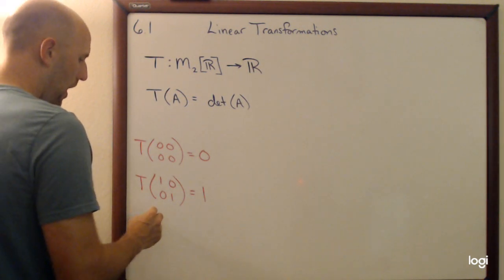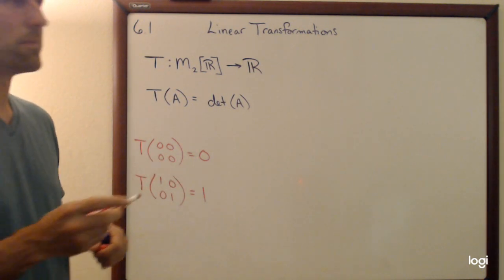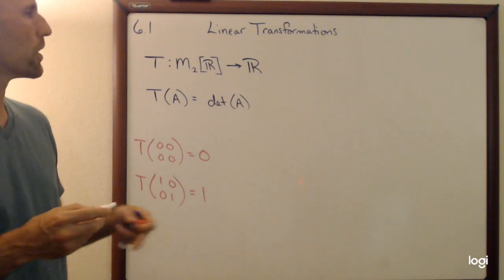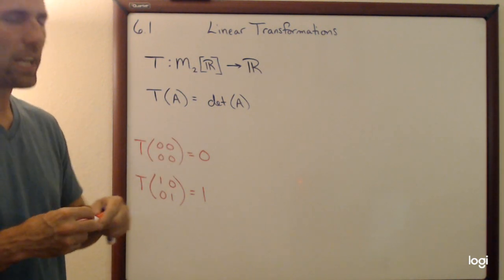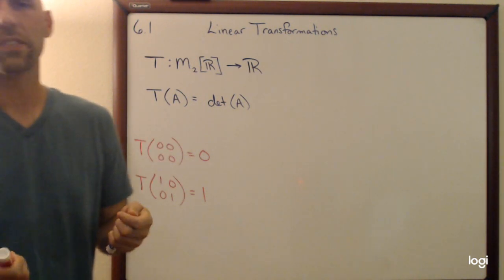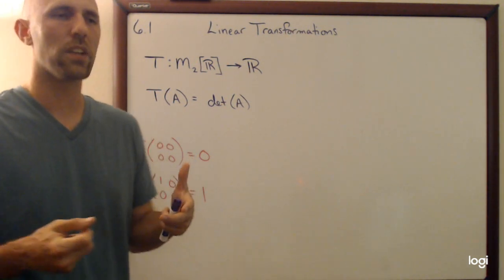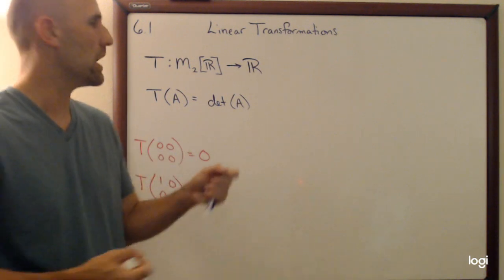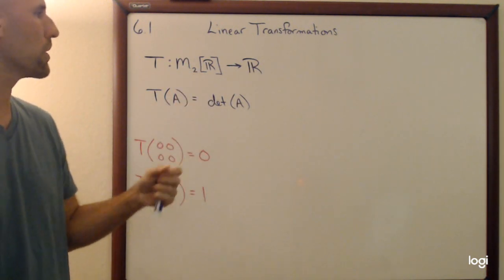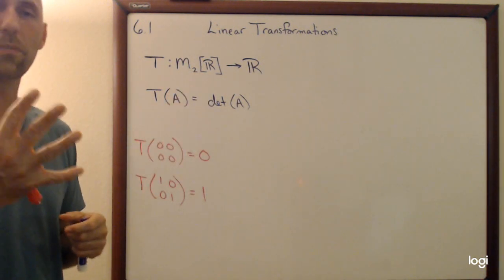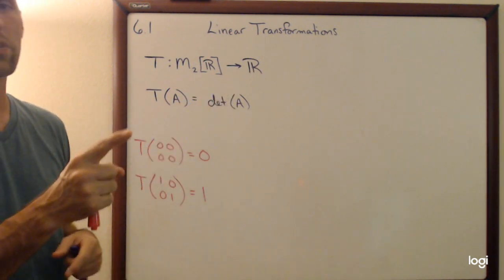Okay? Now, it's important to note that when we're considering these things, we'd like to consider the relative sizes. We tend to classify the size of these spaces by what we call dimension. M2R, from one of our previous lectures, is 4-dimensional. R is only 1-dimensional.